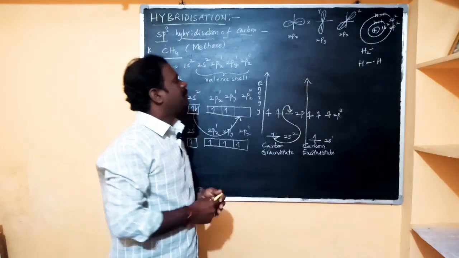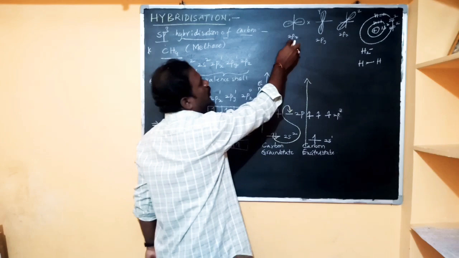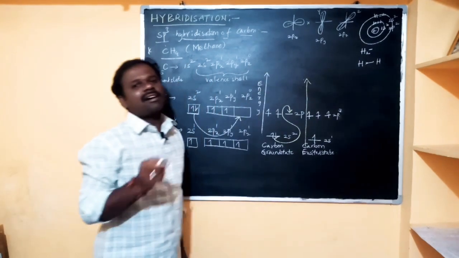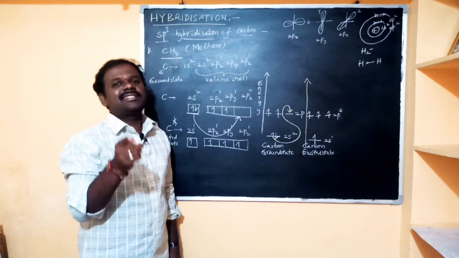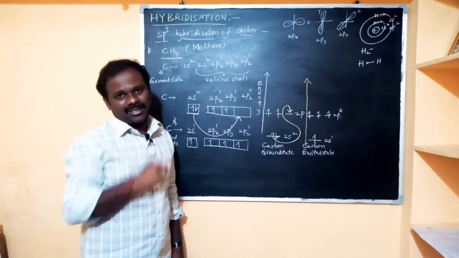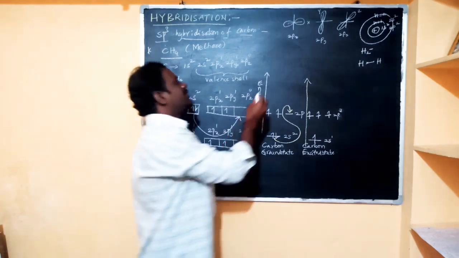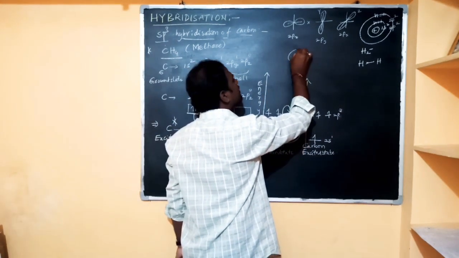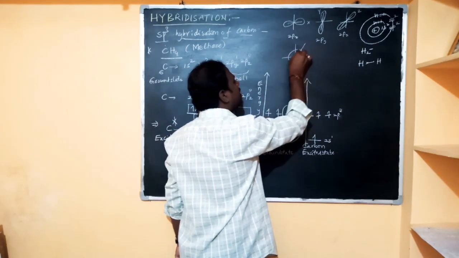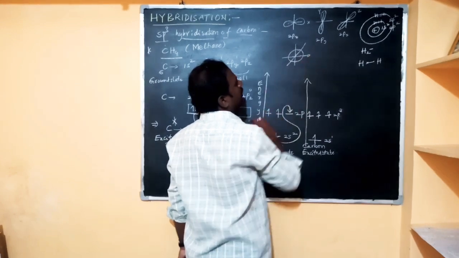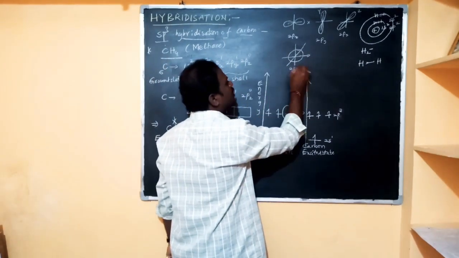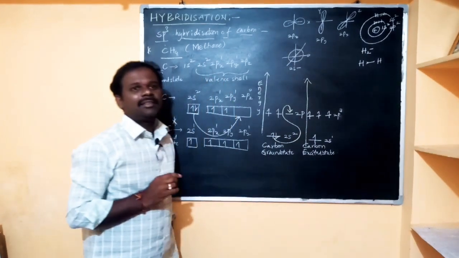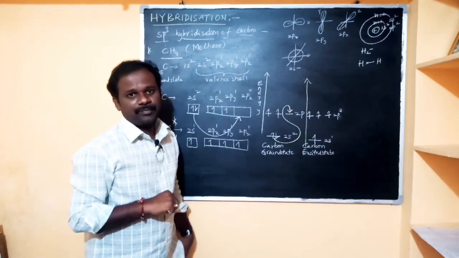So here what we can say is they are going to overlap with the s orbital of the hydrogen atom. And there is the presence of the 2s subshell, which is directionless. The 2s orbital is spherical in shape, but there is no particular direction.